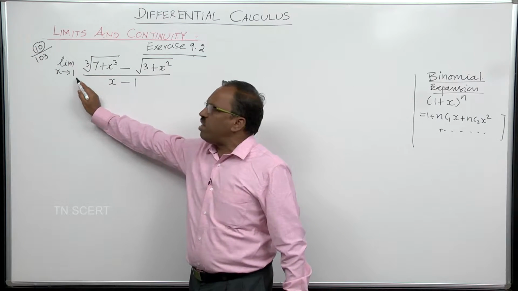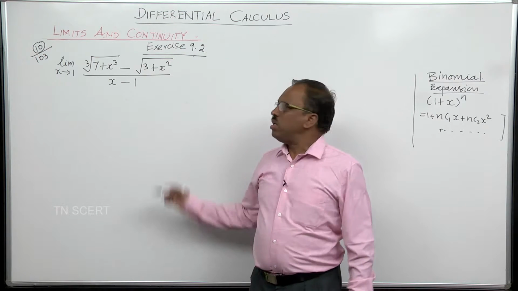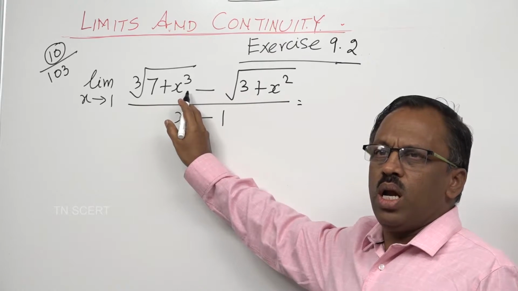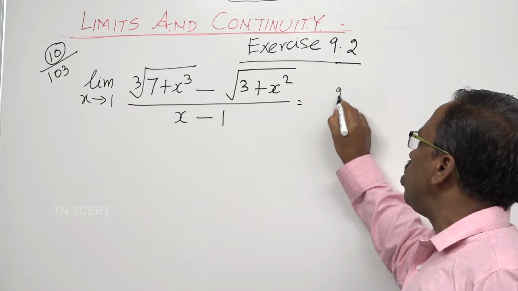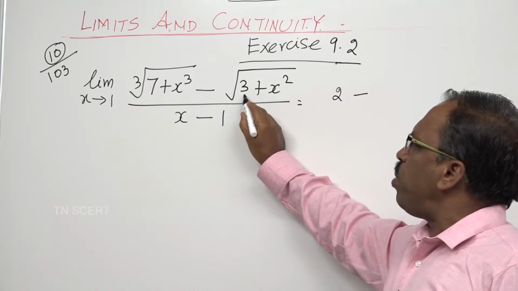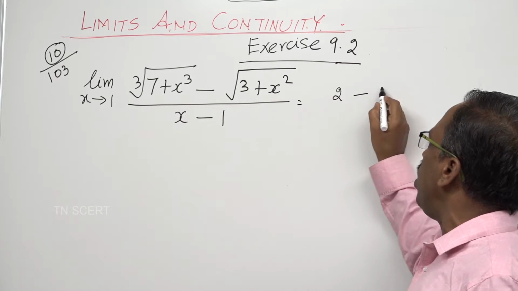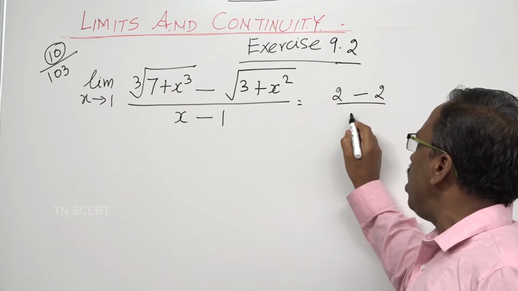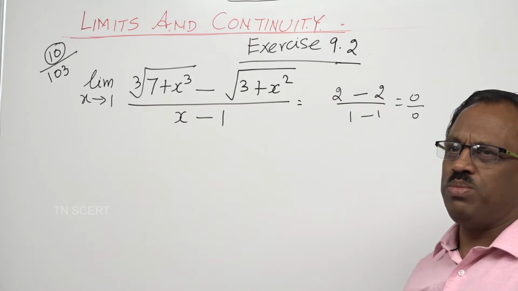Dear students, you apply the value 1 for x. 7 plus 1 is 8, cube root of 8 is 2, and 3 plus 1 squared is 4, square root of 4 is also 2, divided by 1 minus 1, that means 0 by 0, indeterminate form.